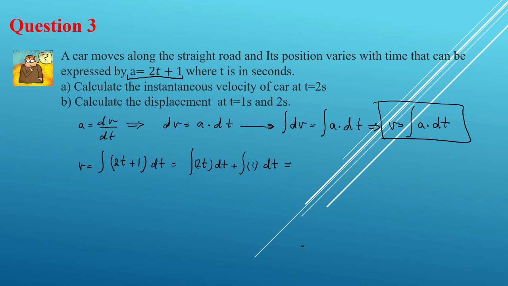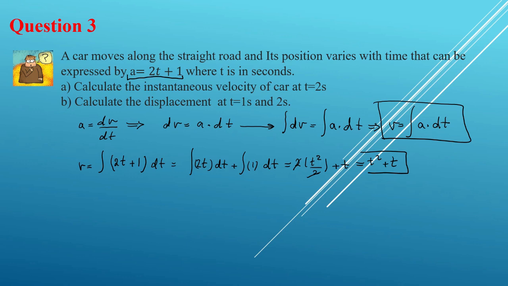So if I'm going to take the integration, it's going to be 2, and then it's going to be t squared over 2, right? So these two cancel out, and I'm going to get t squared plus t, right? So that's the equation I have for velocity.